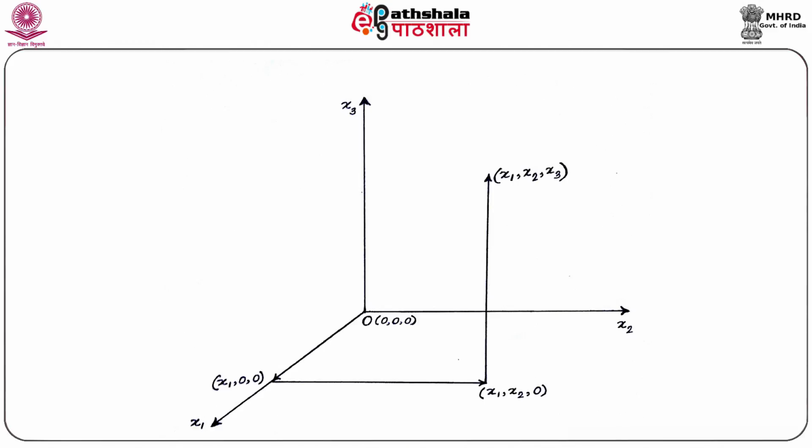The next one is the vector starting from (x 1, 0, 0) to (x 1, x 2, 0), that is, it is parallel to the x 2 axis. The next one starts from (x 1, x 2, 0) and goes up to (x 1, x 2, x 3). So, it is parallel to the x 3 axis, and in this case y is the vector starting from the origin to the point (x 1, x 2, x 3).